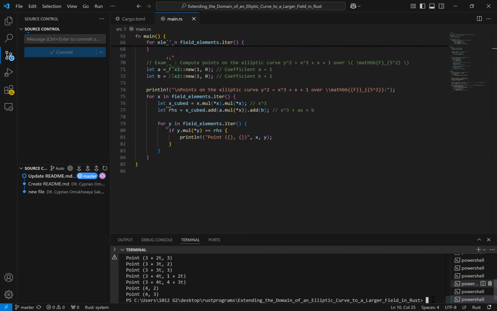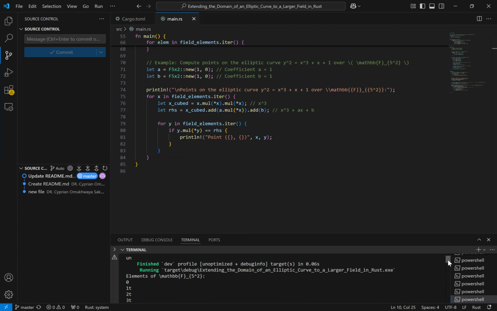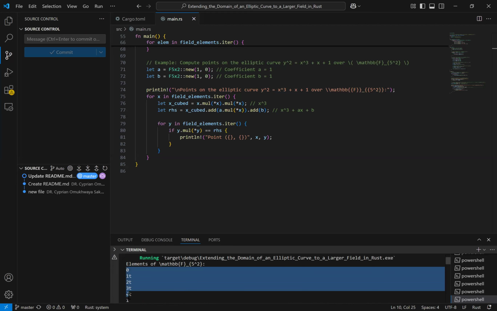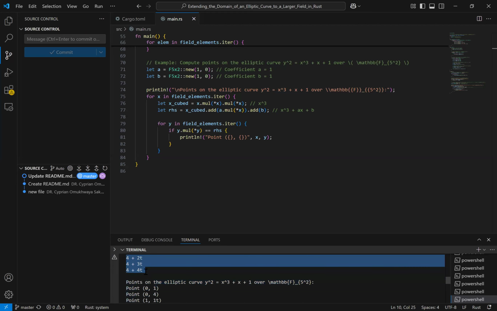When I run it, it gives me the points on the elliptic curve. And before that, it tells me that the elements could be 0, 1t, 2t, 3t, 4t, 1, and so on. So these are the elements we are trying to multiply.